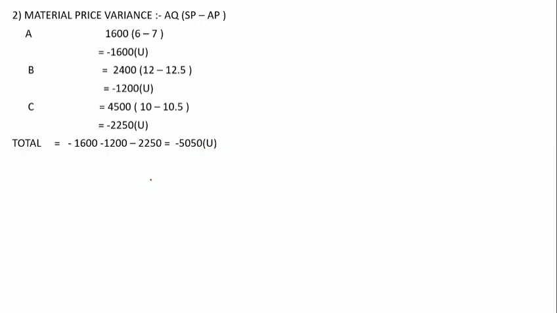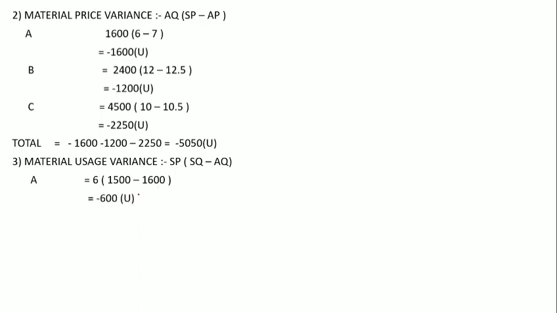Number 3 is material usage variance. The formula is SP in bracket SQ minus AQ. For material A, SP is 6, SQ is 1500 and AQ is 1600, so the final answer is minus 600. For material B, SP is 12, SQ is 2500 and AQ is 2400, so the final answer is 1200.